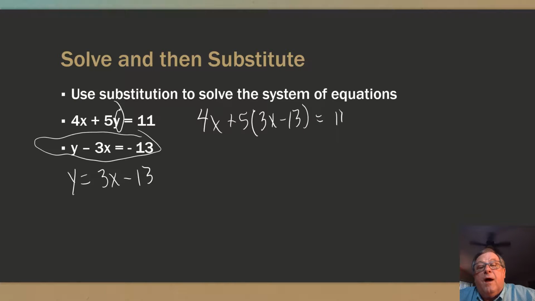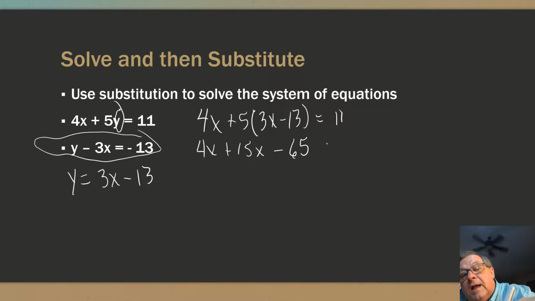Let's distribute the 5 to the 3x minus 13. So I've got 4x plus 15x. Let's see, 5 times negative 13, negative 65, equals 11.